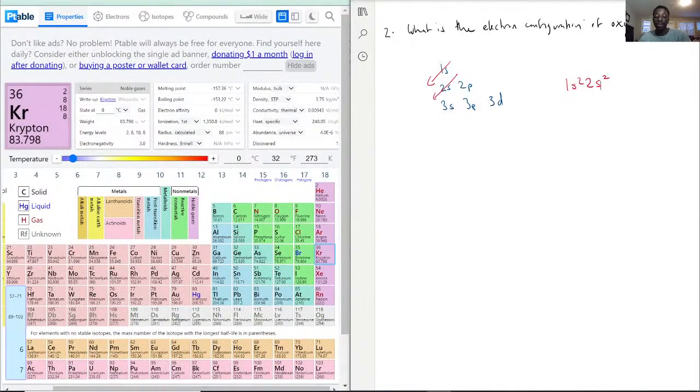Excluding helium, these are your P subshells as I've listed here. And oxygen is the fourth one on this row. So if we count, boron is 2p1, carbon will be 2p2, nitrogen will be 2p3, and oxygen would be 2p4.